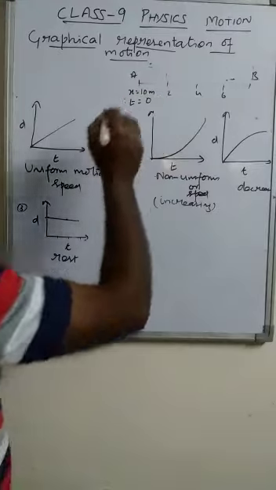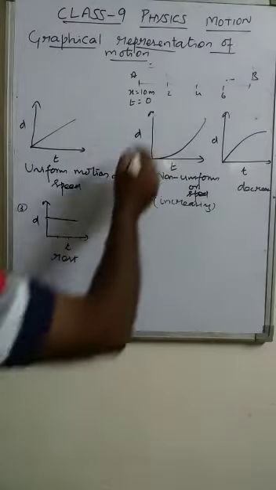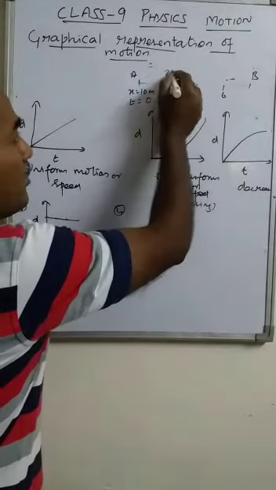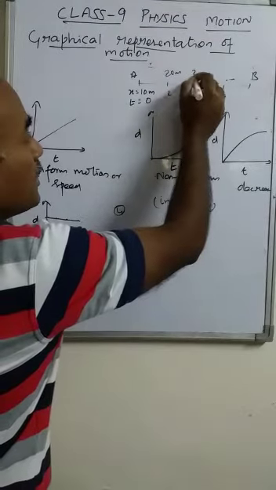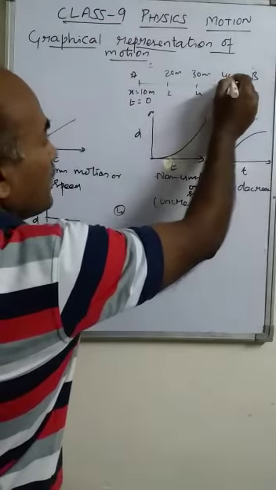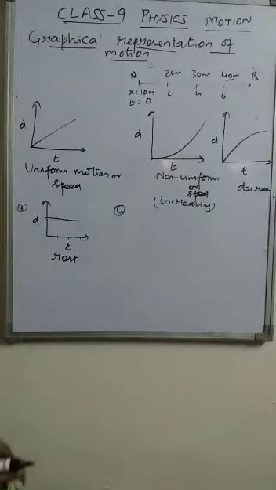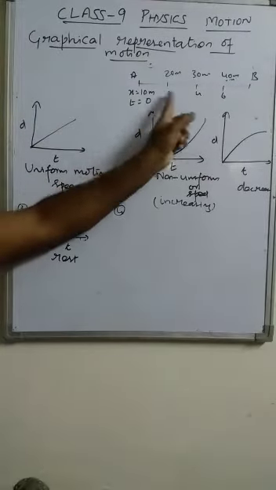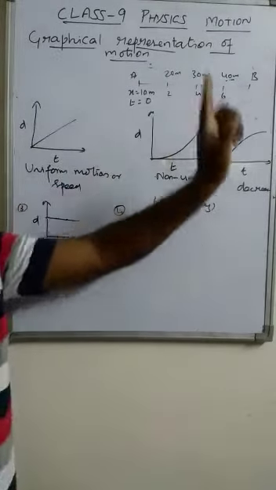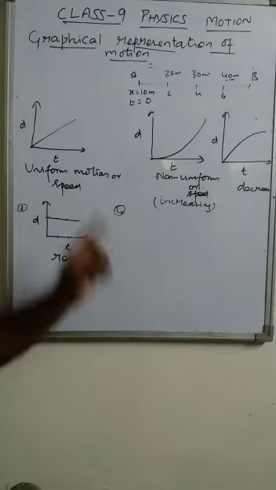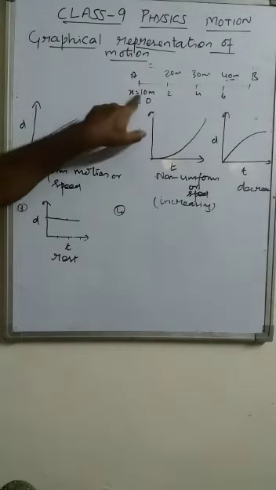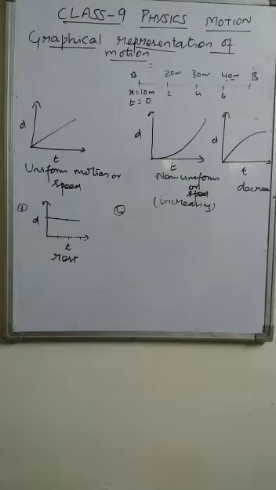In the beginning it is at a position of 10 meter, then its position goes to 20 meter, then 30 meter, then 40 meter, like this. You can observe these values. The time is changing, the position is also changing.